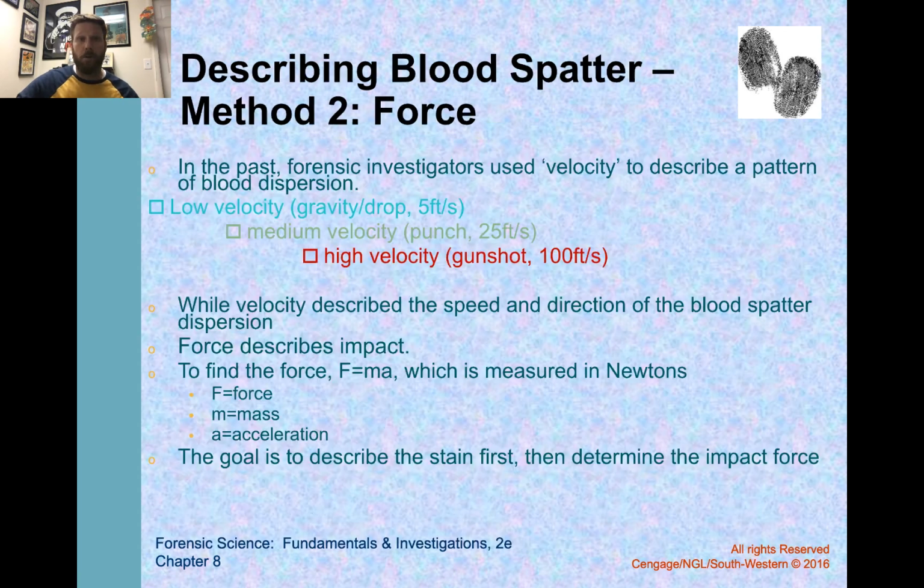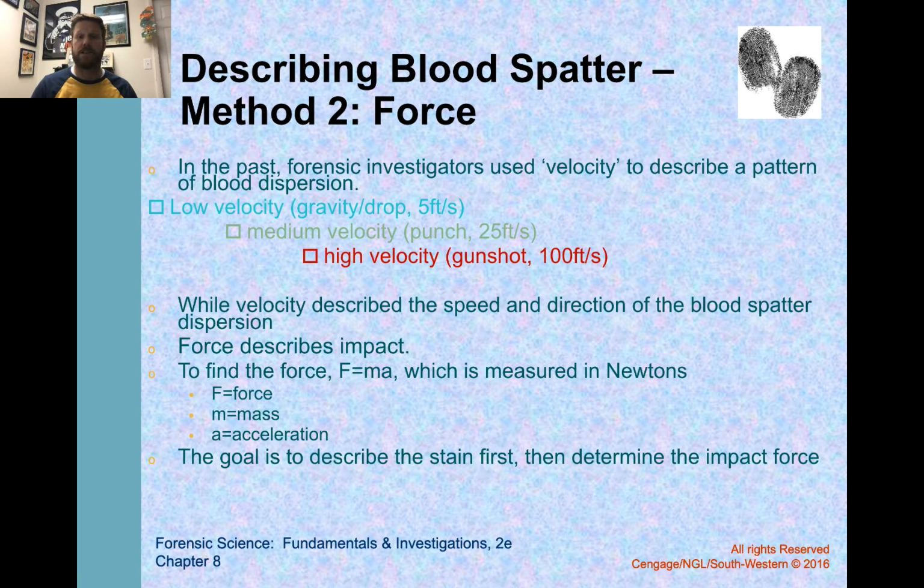A more common way of describing blood spatter is by talking about the force with which the blood hit the wall. If you talk about the force, you're also incorporating that velocity component we just talked about. Because if the blood hit the surface with more velocity, then it was driven off of the body with more force.